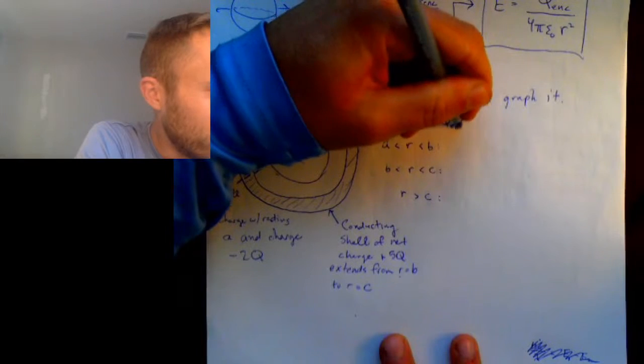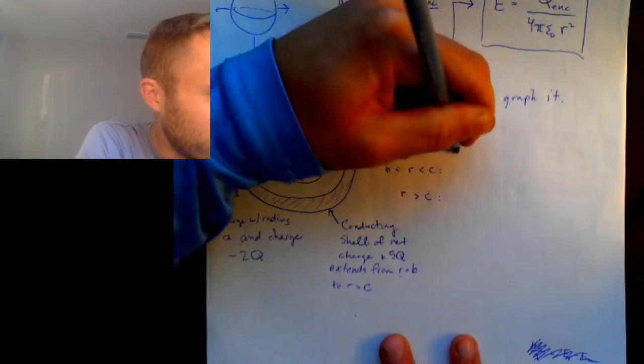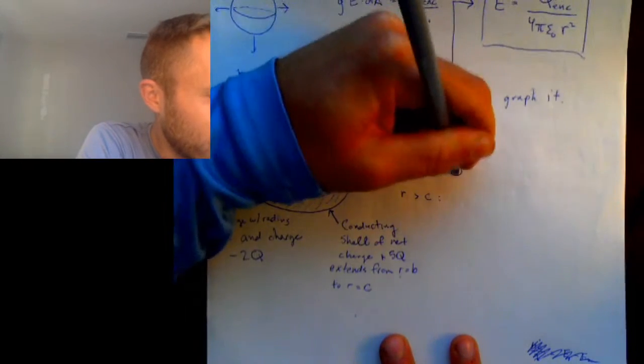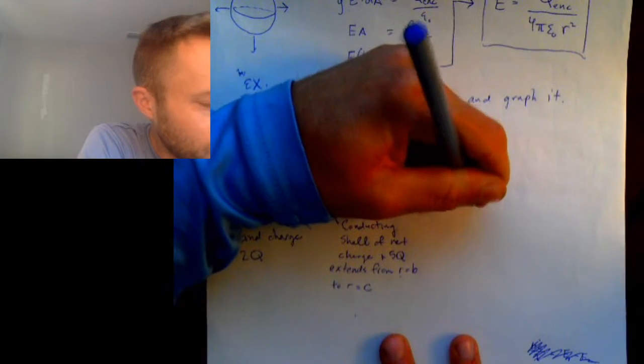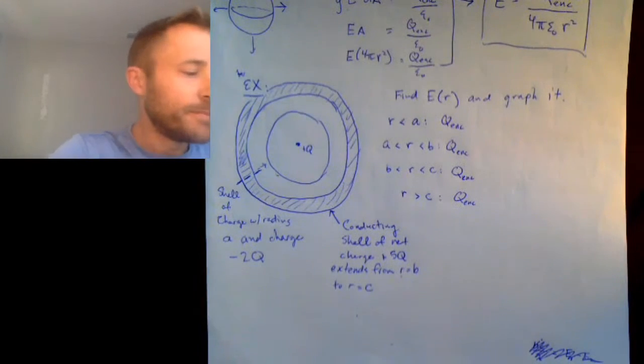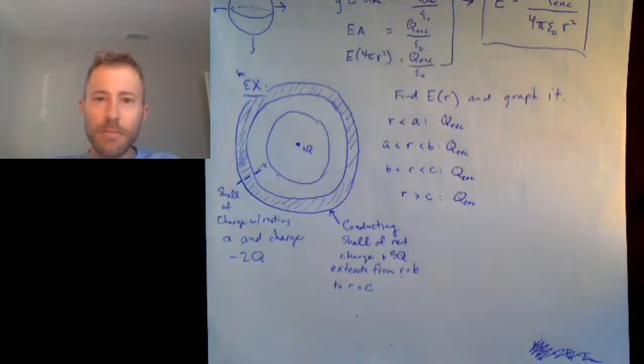So what we have to do is figure out the charge enclosed by a Gaussian surface of each of those sizes. Okay? All right.